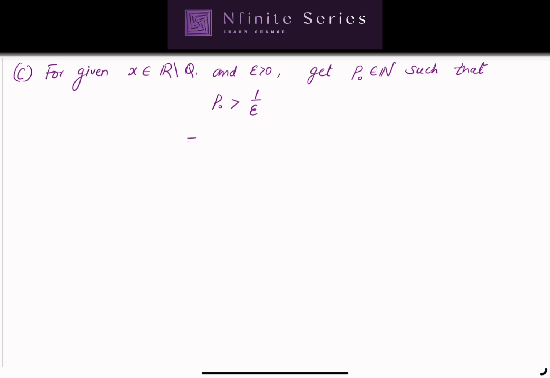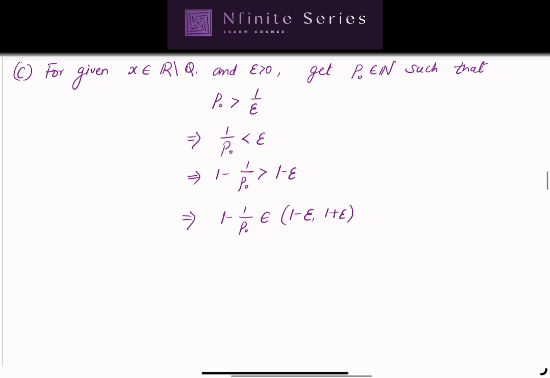Now this implies that, taking reciprocal both sides, 1 by p naught is strictly less than epsilon. This implies 1 minus 1 by p naught is strictly greater than 1 minus epsilon, which implies that 1 minus 1 by p naught is in the epsilon neighborhood of 1, and 1 is the value of f of x, which means that 1 minus 1 by p naught is in the epsilon neighborhood of f of x.